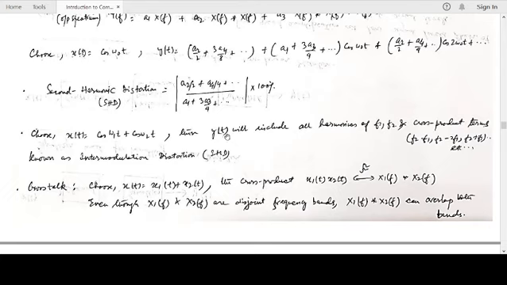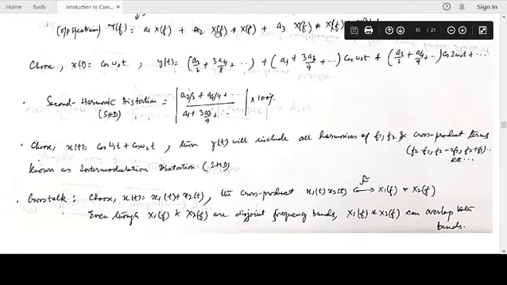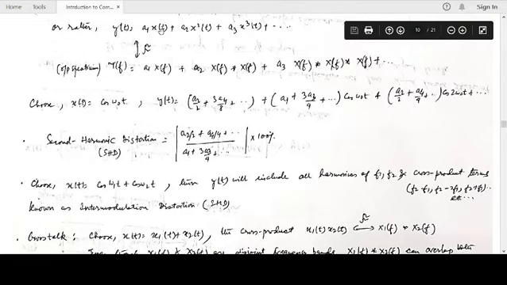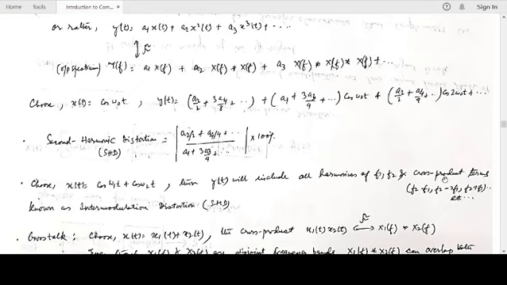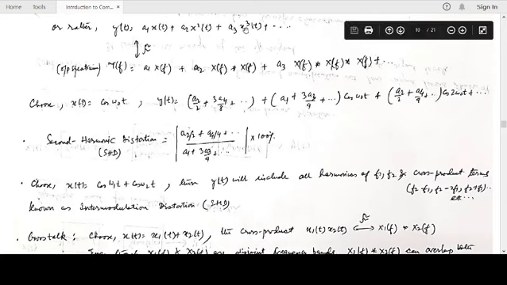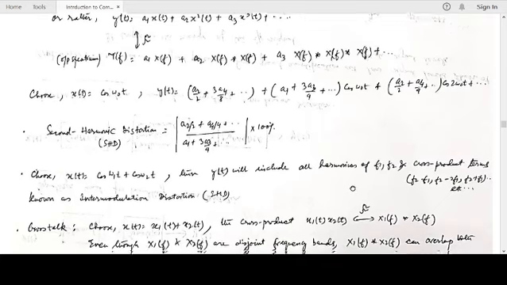But for a nonlinear channel, y(t) will include, if you bring it here, omega 1, omega 2, and if you take the square of them, you have the product terms. That means you will have cross product terms: omega 1 plus omega 2, omega 1 minus omega 2. With x cube, you will have omega 1 minus 2 omega 2, omega 2 plus 2 omega 1, and so on and so forth.